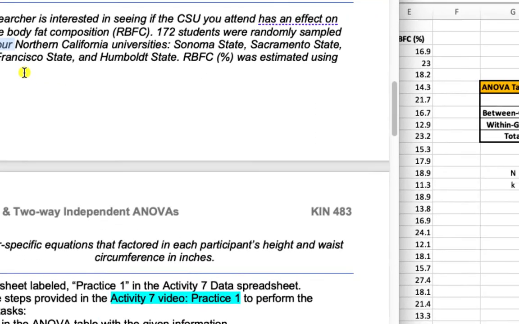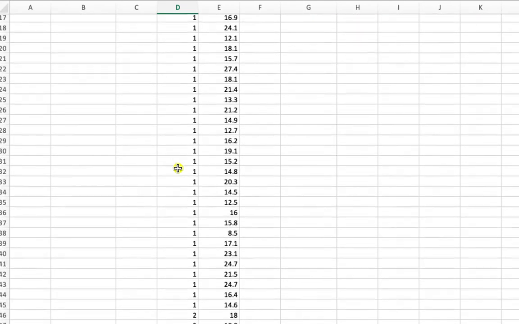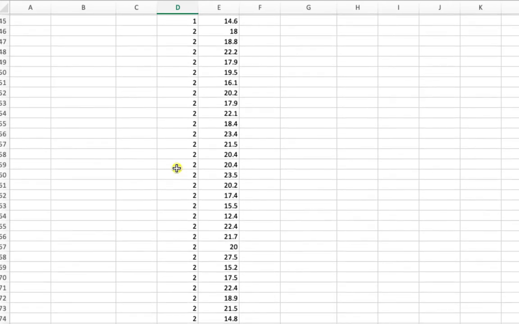Shifting over to our spreadsheet, I've set up the data similar to how you would see it if you were running the ANOVA yourself. So we've got a legend indicating the data labels for each of our universities. In our school column here, the data labels are corresponding with one relative body fat composition measure.